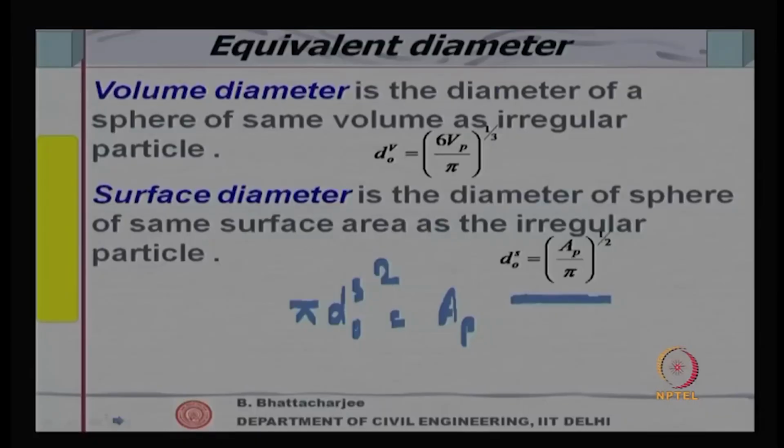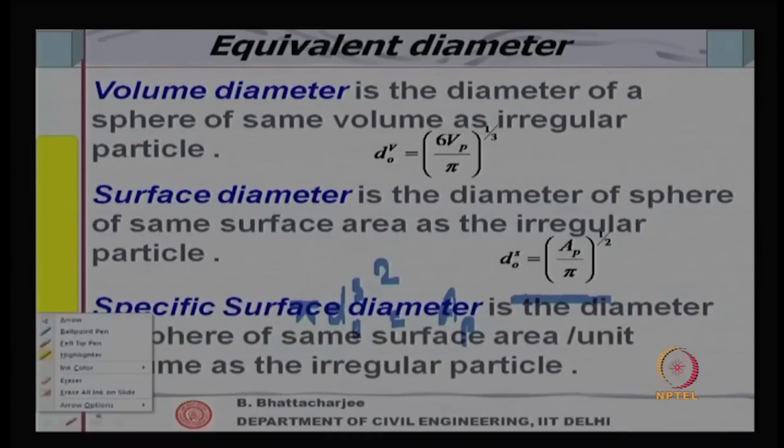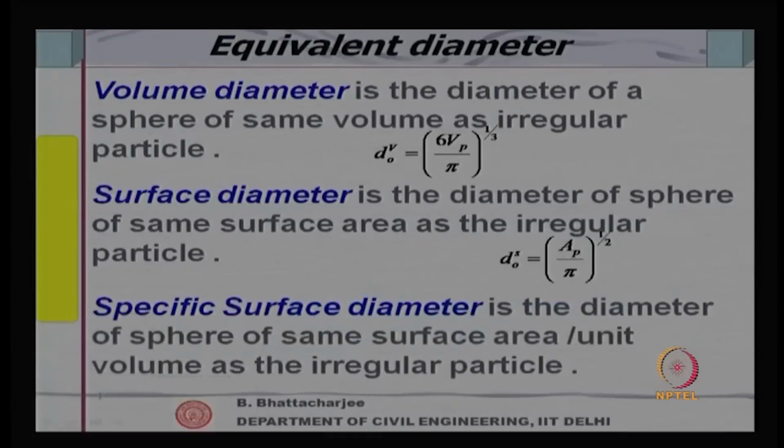So, we can define diameters in this manner: surface diameter and volume diameter. And then specific surface diameter is the diameter of a sphere of the same surface area per unit volume as an irregular particle. So, this is called specific surface diameter.